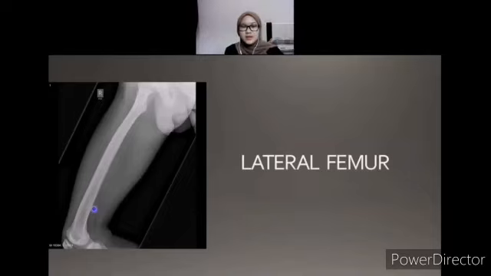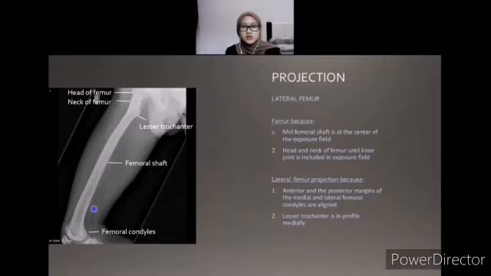This is my image of lateral femur. For the projection, this is a radiograph of a lateral projection of the femur. I say this is a projection of the femur because the mid-femoral shaft is at the center of the exposure field, and the head and neck of femur until the knee joint is included in the exposure field.